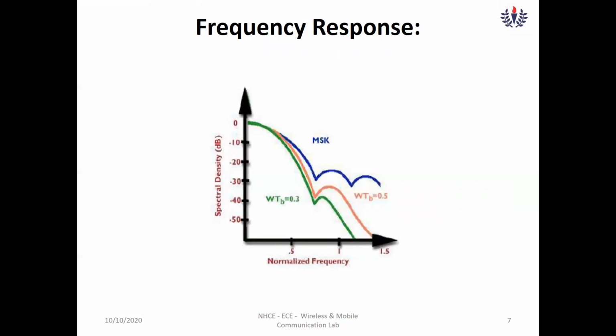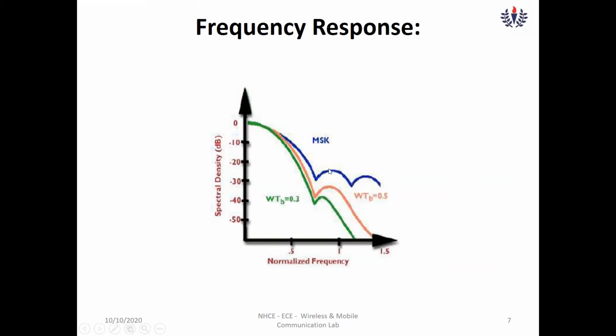When I say minimum shift keying, the process involved is that the transmitting data is converted into two components, an odd component and an even component. The odd component is assigned one frequency, and the even component is assigned a different frequency. And when we combine these even and odd frequency components, we get MSK.